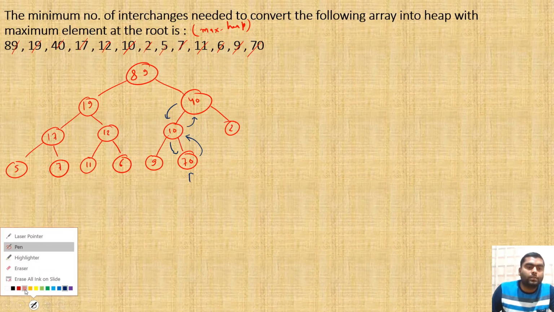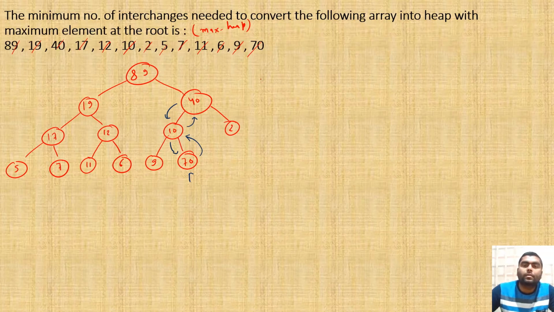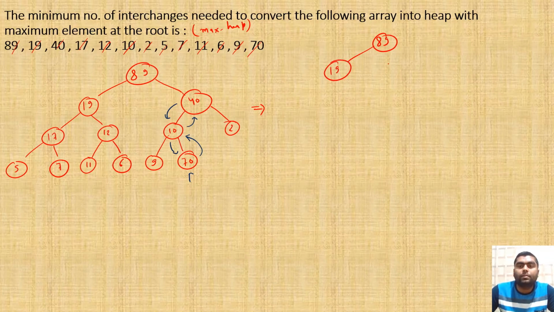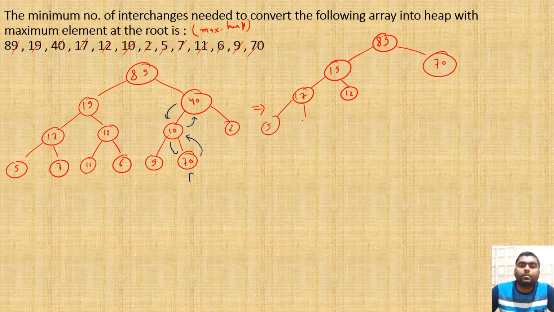So what will be the resulting tree after this? Here is 89, and 19 and 70. This will be 70 now. And 17, 12 are the same values, and left are 5, 7, and 11 and 6, no problem.